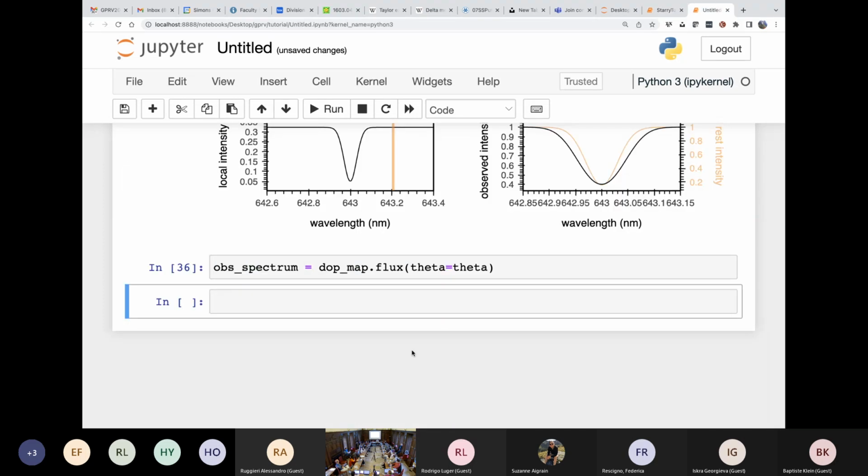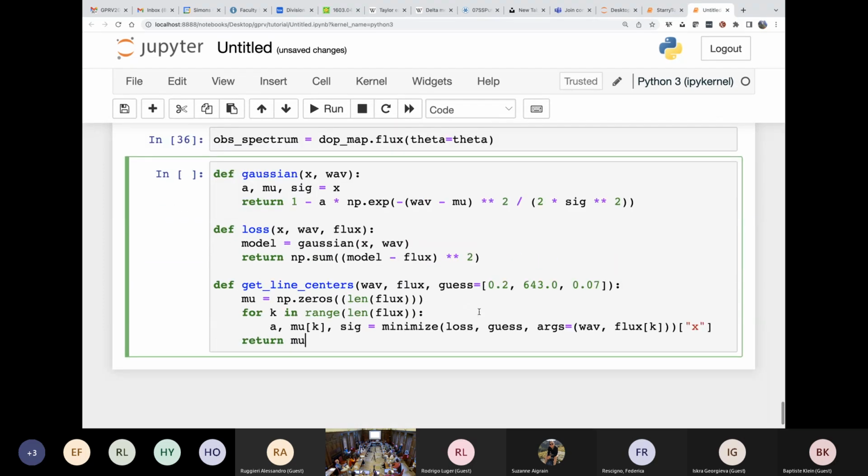And so this is my very fancy radial velocity algorithm here. This is my Gaussian model for the line. This is my loss function. I'm just comparing my Gaussian fit to the flux, and I'm going to minimize, solving for the amplitude, the mean, and the standard deviation.